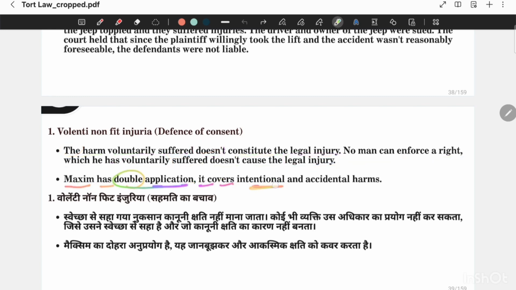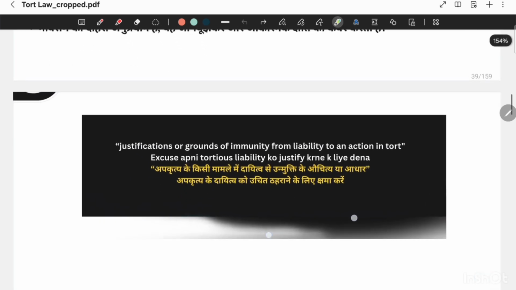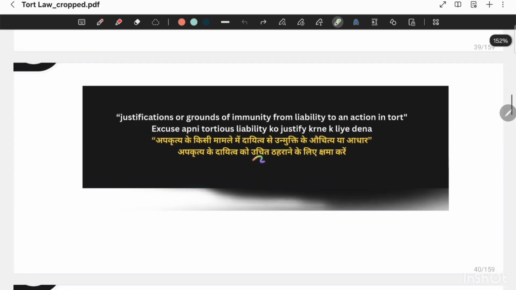It covers intentional and accidental harms, both kinds of harms are covered in this. Here is a codification which means justification or grounds of immunity from liability to an action in tort. Excuse, giving it to justify one's tortious liability.